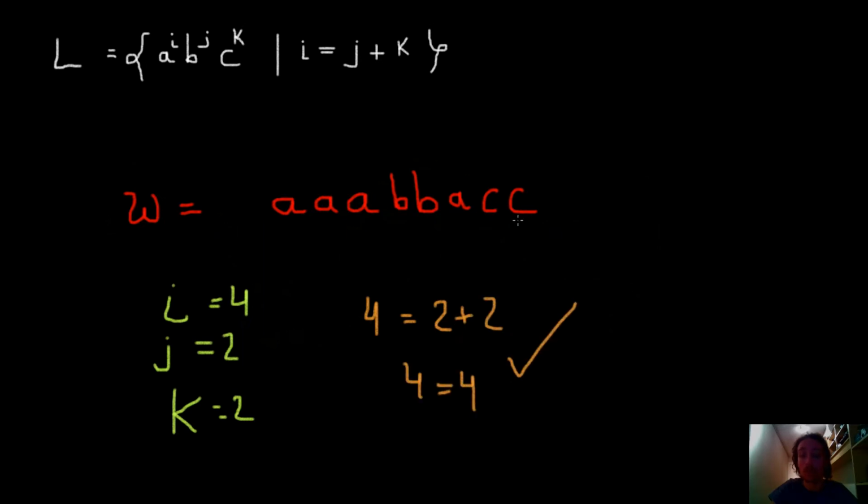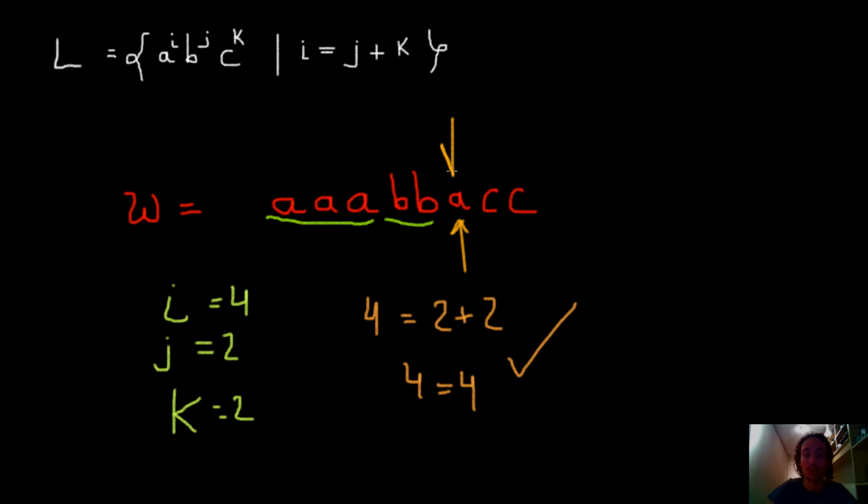This is true. However, does this word belong to the language? The answer is no, a strong no. Why? Because the format is not satisfied. We do not have first the A's, then the B's, and then the C's. What do we have? We have first the A's, then the B's, then an A again. And this is very important to know.